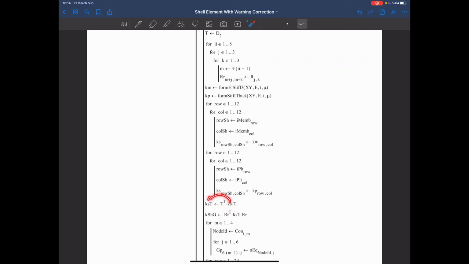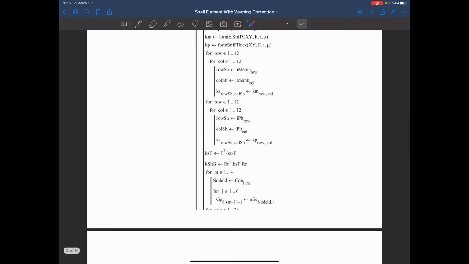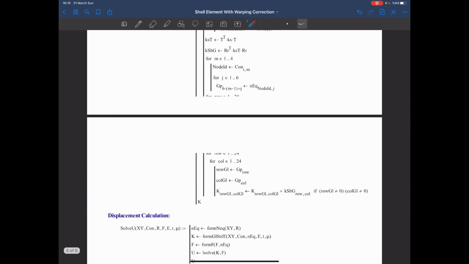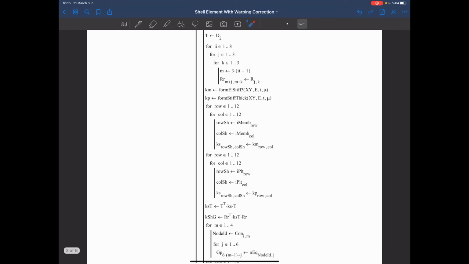from the projected plane to the warp geometry, this transformation, and from the warp local geometry to the global geometry of the system, I have the coordinate transformation here. After doing that, I will just assemble it to the structural stiffness matrix. So the only difference here is this is the membrane to shell mapping. You fill the shell stiffness accordingly, and then warping correction.